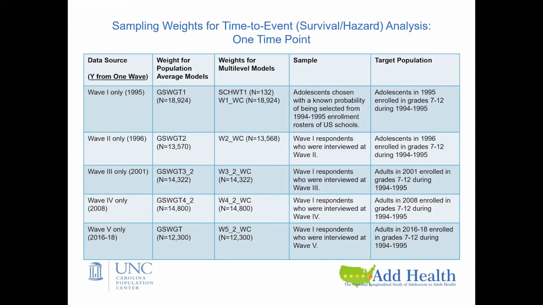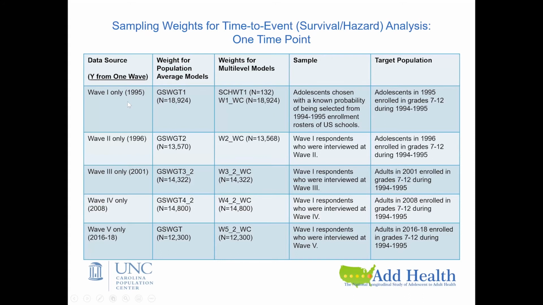Okay. Now I'm going to show you some additional types of analyses. Sampling weights for time to event, which are often referred to as survival analysis or hazard analyses or event history analysis.